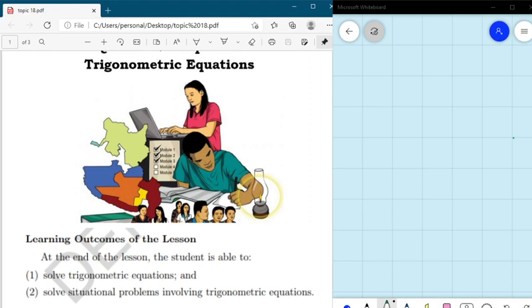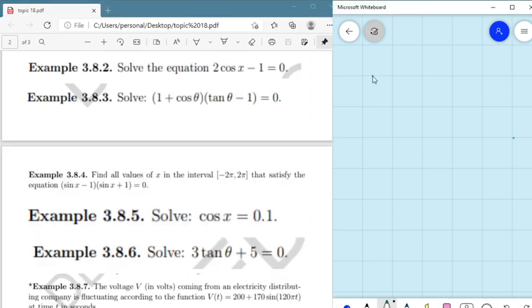Here, unless stated as angle measured in degrees, we mean solutions of the equation that are real numbers, or equivalently angles measured in radians. Okay, let's proceed to solving example 3.8.2. We are going to solve the equation 2 cosine x minus 1 equals 0.